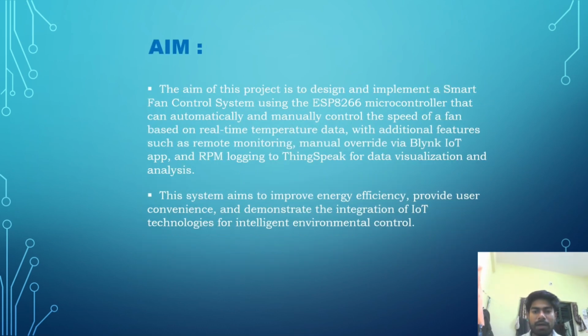The aim of this project is to design and implement a smart fan control system using the ESP8266 microcontroller that can automatically and manually control the speed of a fan based on real-time temperature data, with additional features such as remote monitoring, manual override via the Blynk IoT app, and RPM logging to ThingSpeak for data visualization and analysis.